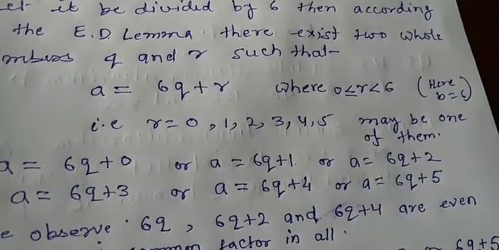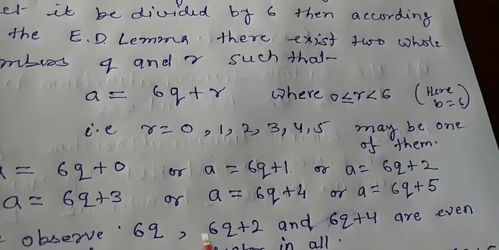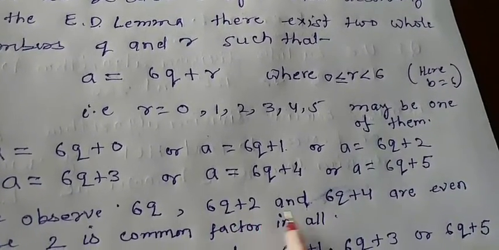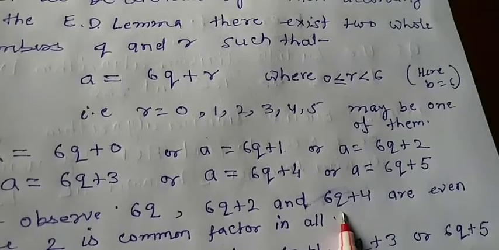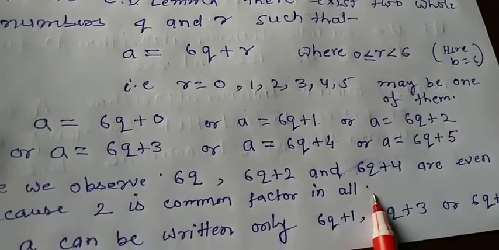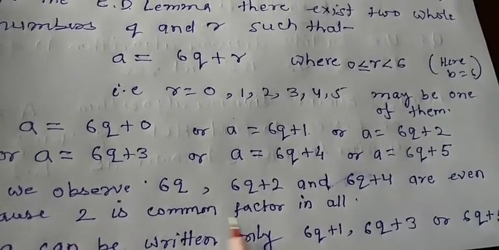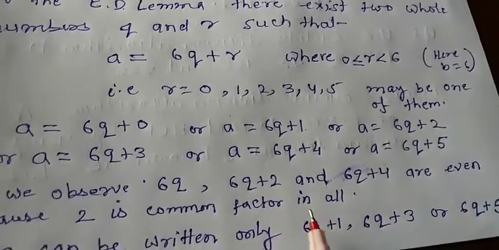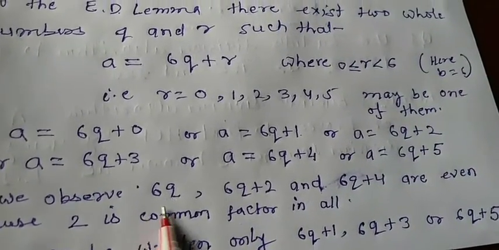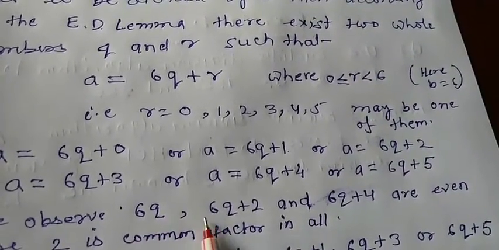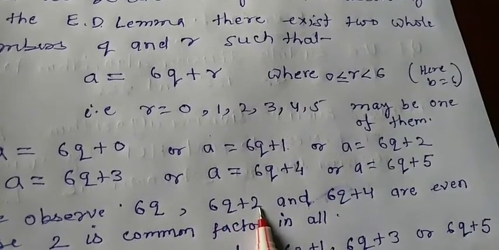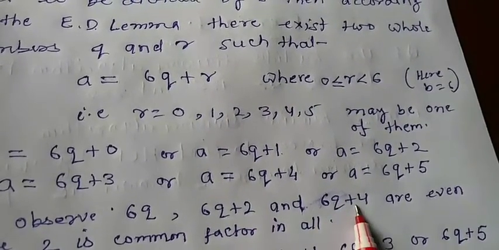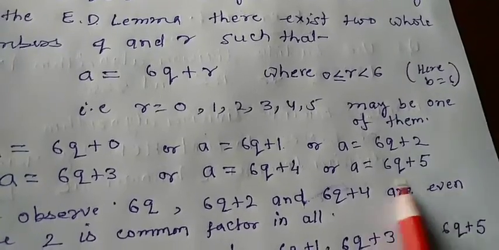But here we observe that 6q plus 2 and 6q plus 4 are even. Why even? Because 2 is a common factor in all. 6q is divisible by 2, 6q plus 2 is also divisible by 2, and 6q plus 4 is also divisible by 2. So these are even.